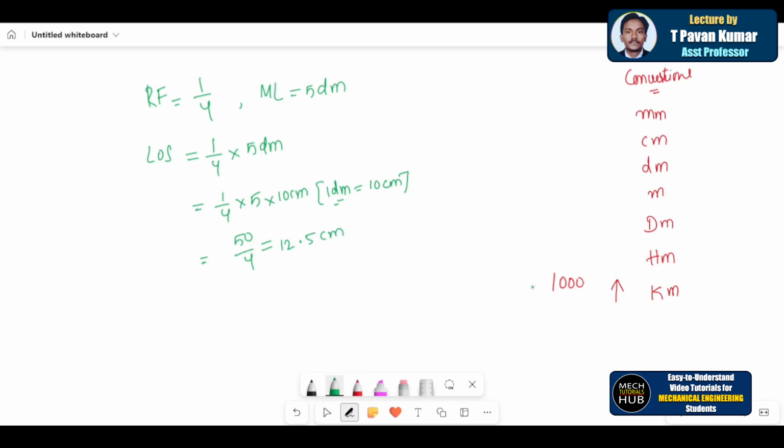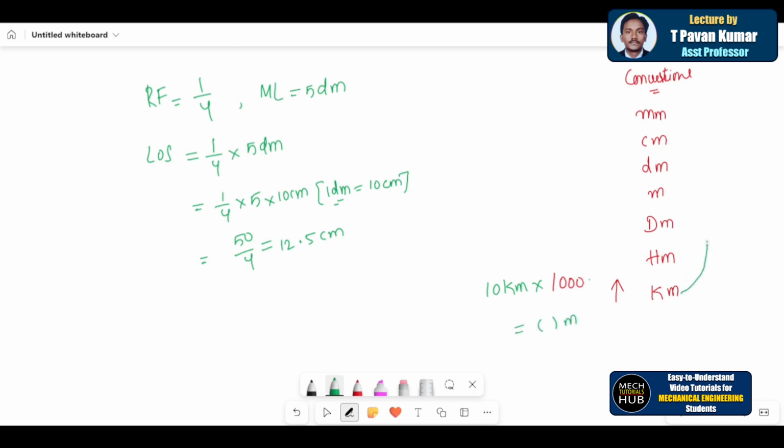So whatever the number, for example 10 kilometers, I am converting 10 kilometers to meters. If I multiply with 1000, everything will be converted to meters.